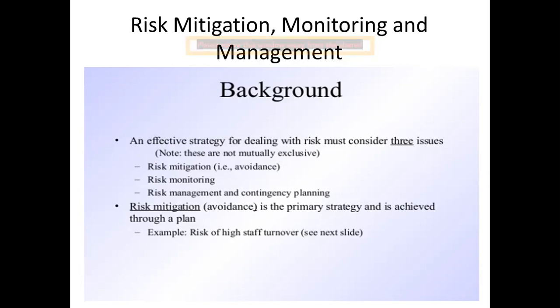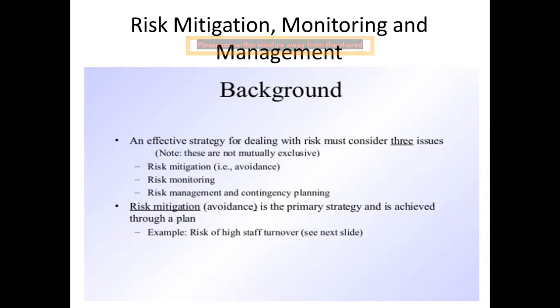We are going to avoid the risk at the primary level. We are not considering the risk, so we are not emphasizing the nature, scope, or time of the risk. At the first point, we just avoid it. That is called risk mitigation.